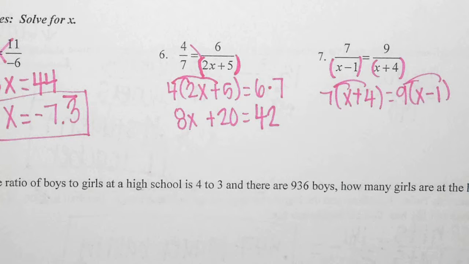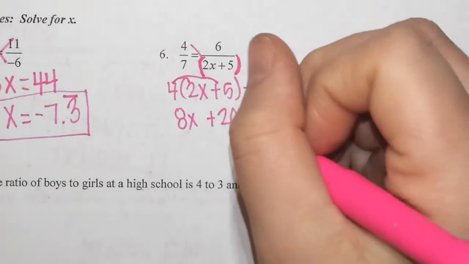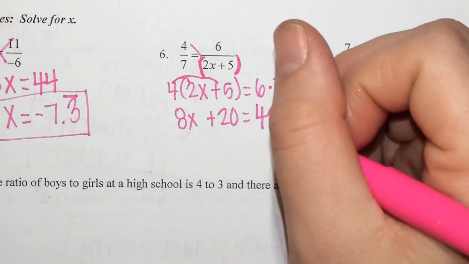You get a decimal, number 6. I'm pretty sure I did. I did, yeah. Come on, Tari. For number 6, I got 2.75.